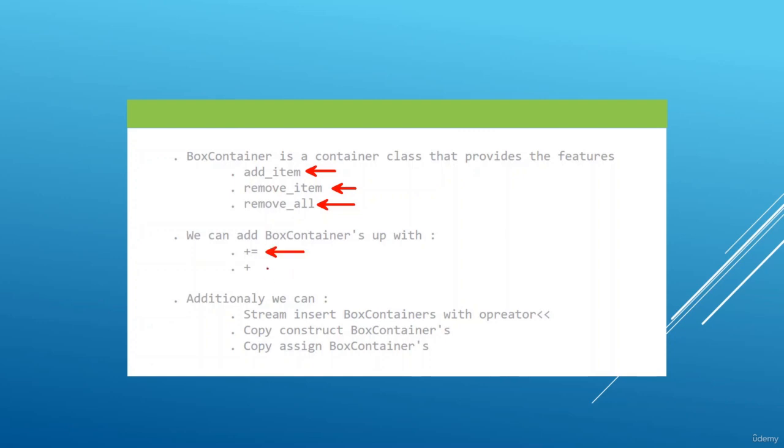For example, we want the addition operator to add two collections up and return a copy containing the concatenation of two collections. You're going to see how this works in a minute. Additionally, we also want to be able to print this to stdc out, and we want to support copy constructors and copy assignment operators. And we are going to support all these things on our collection type.